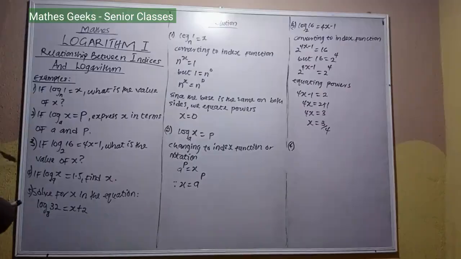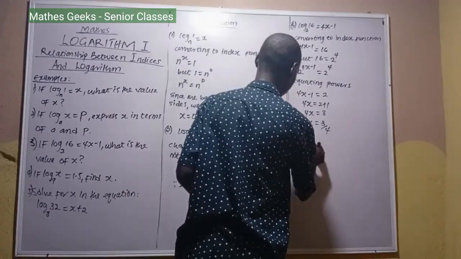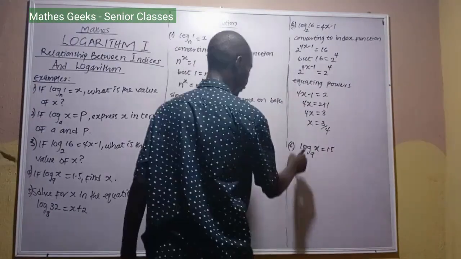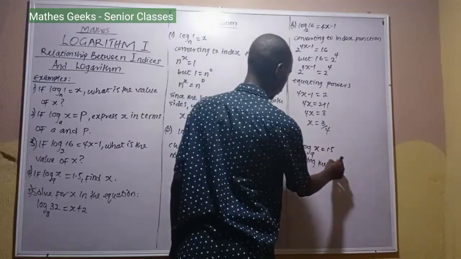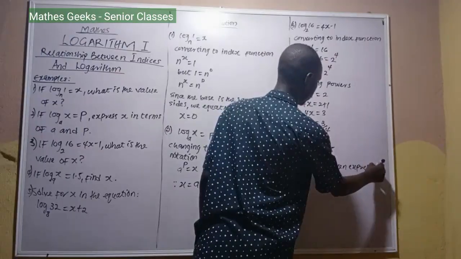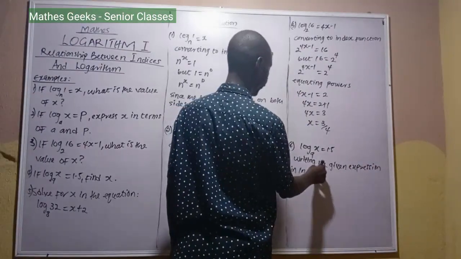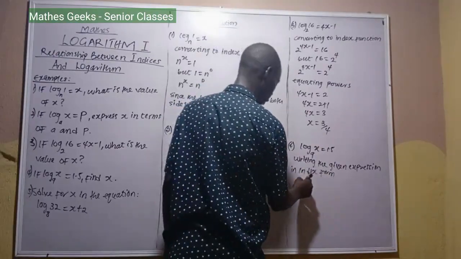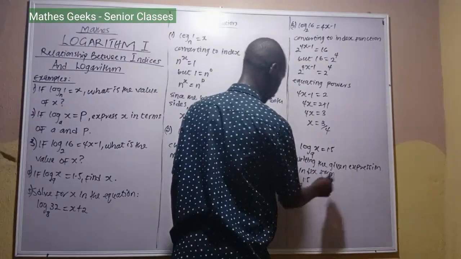Number 4. If log x to the base 9 is equal to 1.5, writing the expression in index form or notation, we're going to have 9 raised to 1.5 is equal to x.